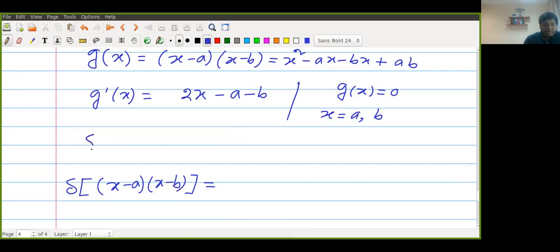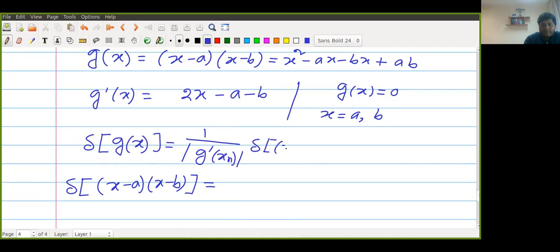Our formula was delta of g of x equals the sum of 1 over g prime of xn, delta of x minus xn. So this was the formula we want to implement here.